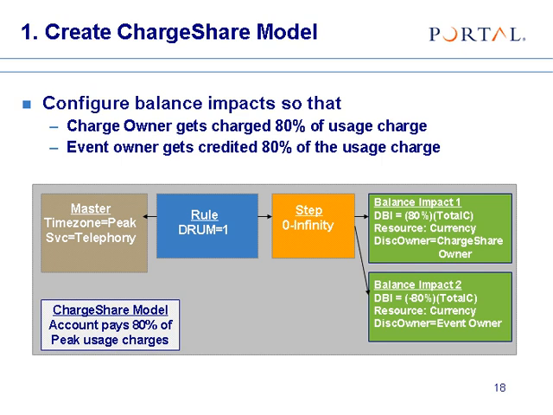So let's start with the charge sharing scenario. I'll configure balance impacts. I'll define a rule that has a master that uses a time zone of peak. What this actually means is when a call comes in, it's going to have to get split in rating first to be peak versus off-peak in order for this to apply.